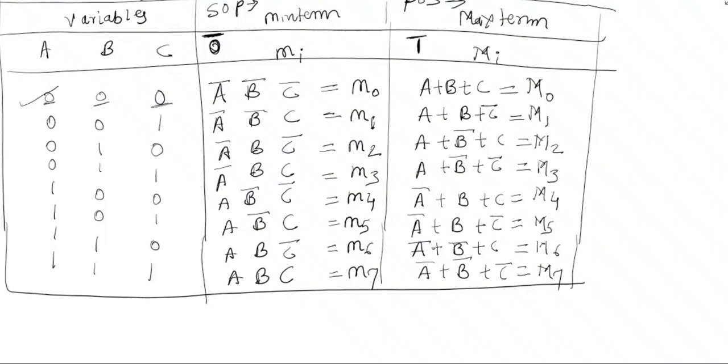In SOP, the 0 value of a variable is considered as the complement of that variable. In POS, the 1 value of a variable is considered as the complement value of that variable. So, based on the zeros and ones, the min terms and max terms are represented as either complemented values or uncomplemented values. Do you understand the M notation table, which is used for the min term and max term representation?